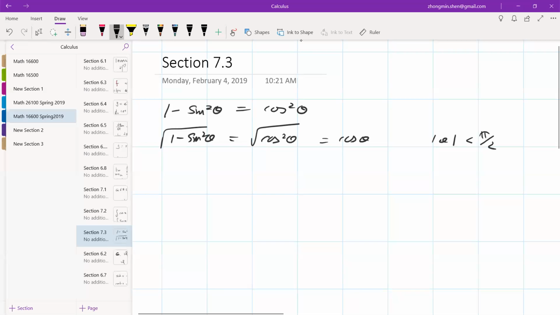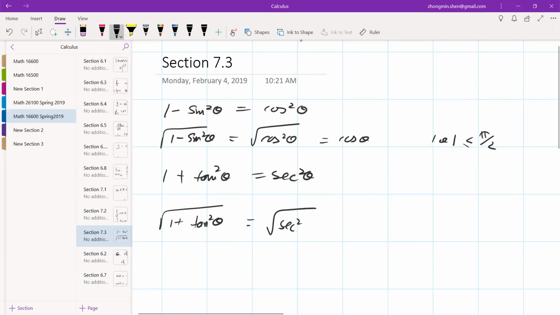A second important formula is going to be 1 plus tangent square theta, which becomes secant square theta. So if you have the radical, you can get rid of it, and that's still true for theta between 0 and pi over 2.